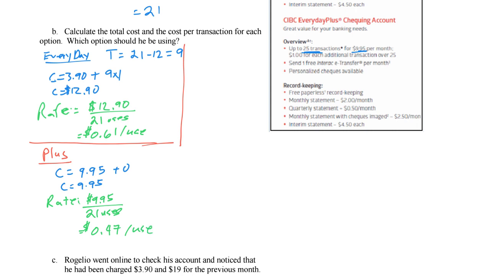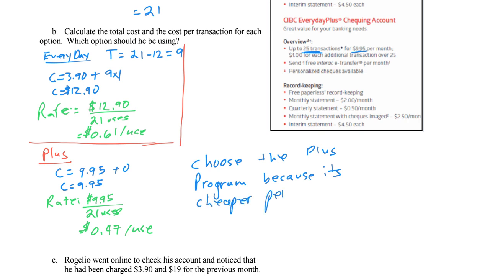And in this case, we're going to choose the plus program, because it's cheaper per use. And we're done.